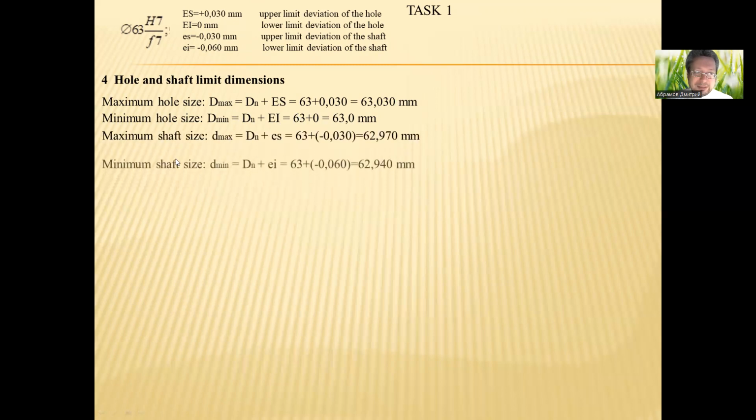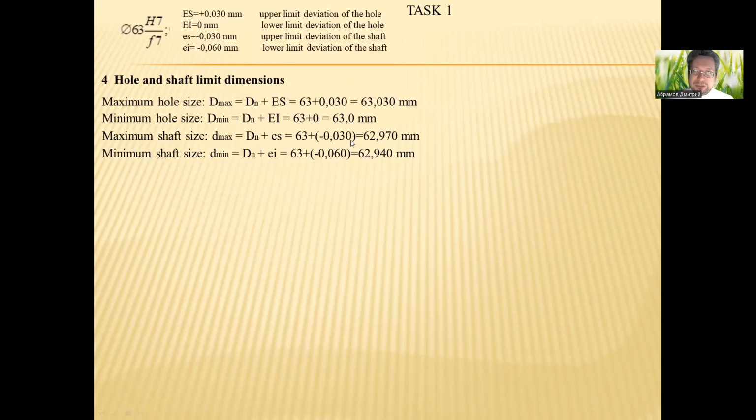Maximum shaft size and minimum shaft size. Maximum shaft size, d maximum, small d, is equal to nominal diameter plus upper limit deviation of the shaft. And we have 63 plus minus 0.03. It equals 62.97 millimeters.